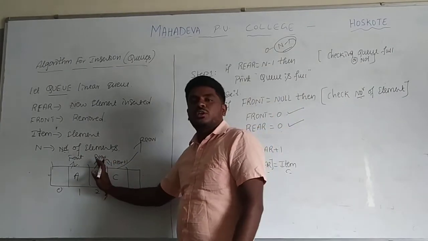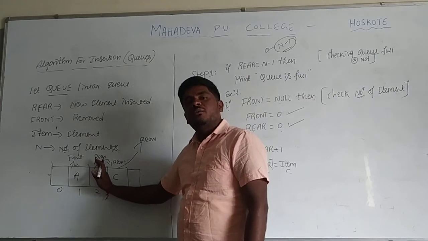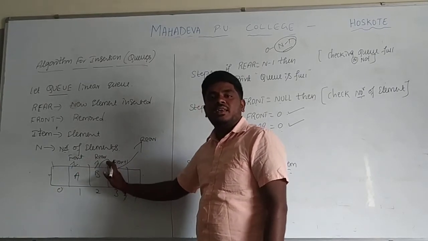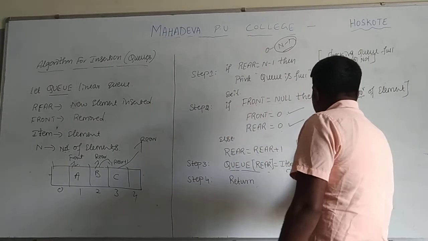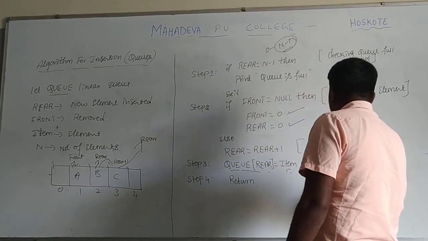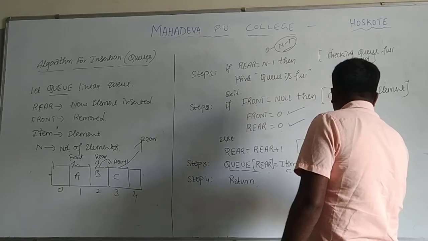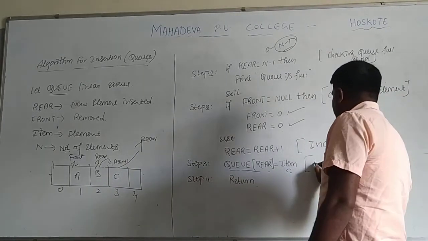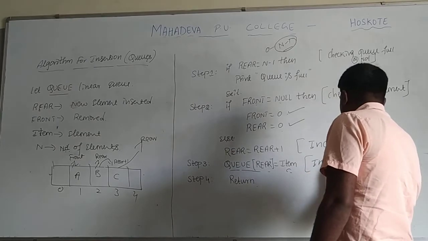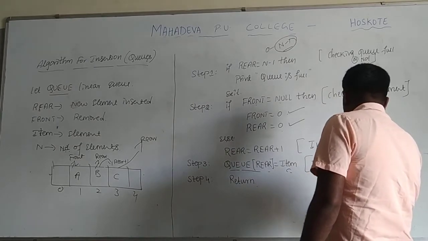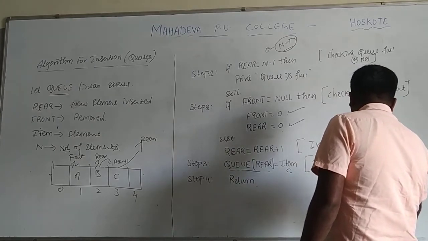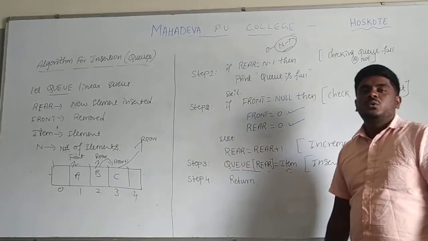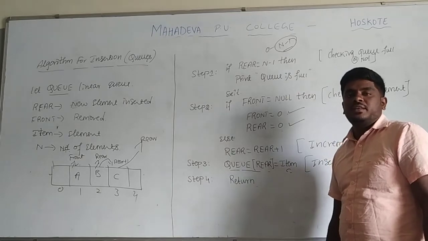We had elements up to p, only two elements were there. Now we need to insert one more element, so rear was incremented to rear plus 1. This is called increment the position. Then here we are inserting the new element. That is called inserting a new element into the queue data structure.